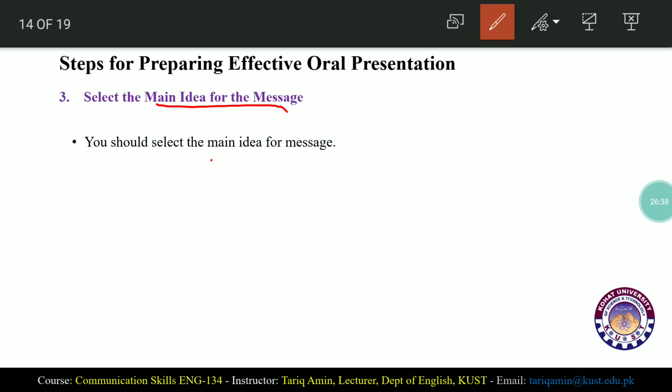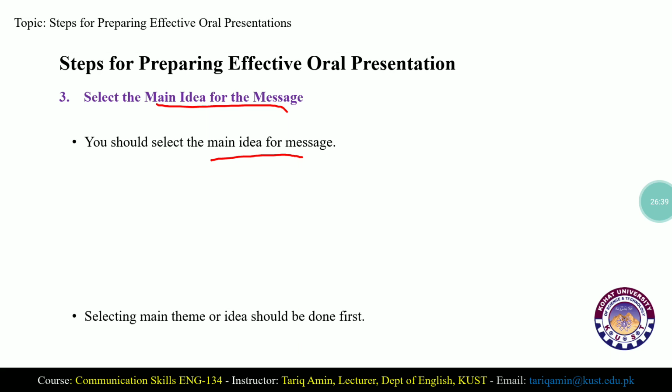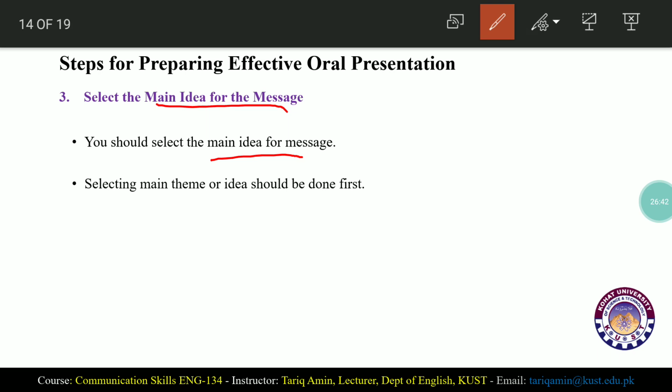Selecting the main theme or idea of your presentation should be done first. First of all, you should select the main theme or the main idea of your topic. You should think of the main ideas or the main theme of your oral presentation.